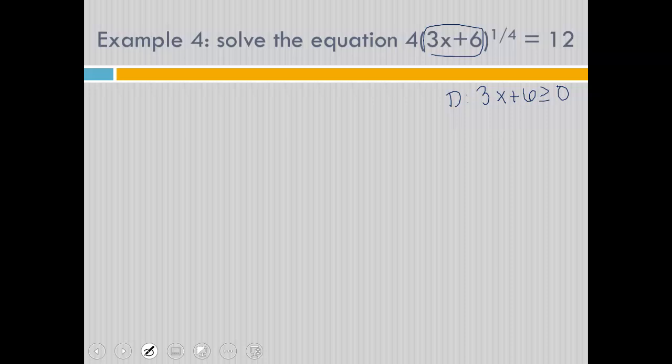A 4th root, like a square root, must have what's underneath greater than or equal to 0. So I am already limited, and all of my answers must be greater than or equal to negative 2. If I get a solution below that, it is invalid.